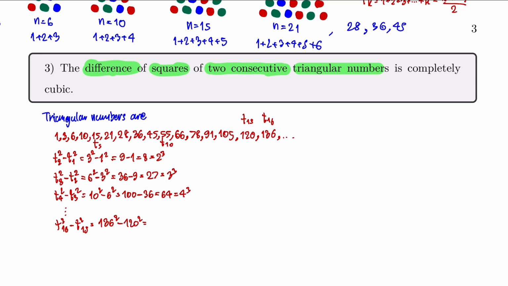It's a large number, so 136 plus 120 times 136 minus 120. It turns out to be 256 times 16. 256 is 16 squared, so 16 squared times 16, which is 16 cubed.